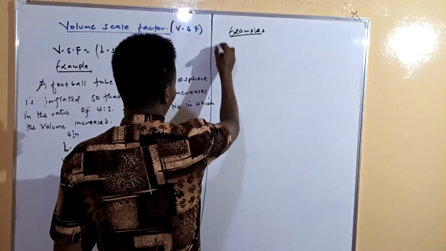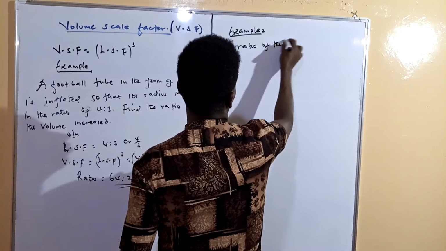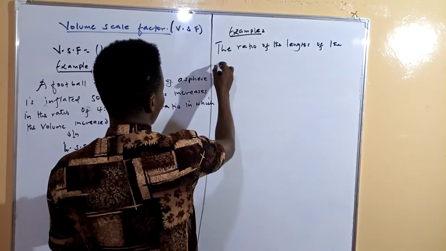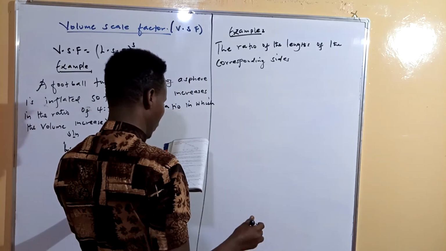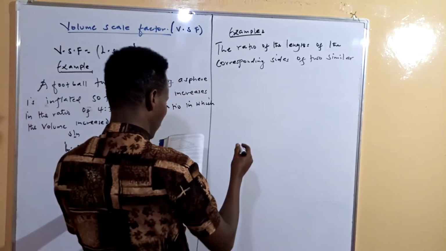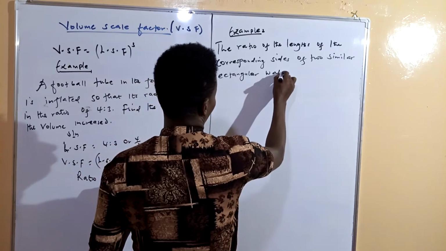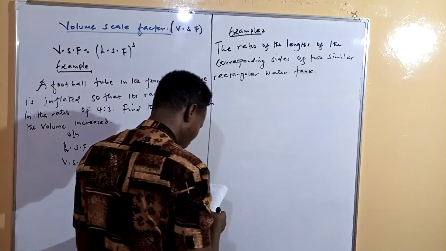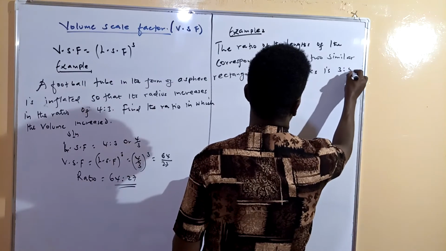Now you're told the ratio of the length of the corresponding sides of two similar rectangular water tanks is 3:5.